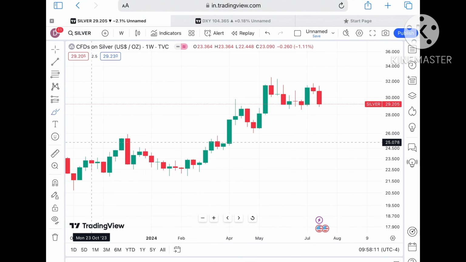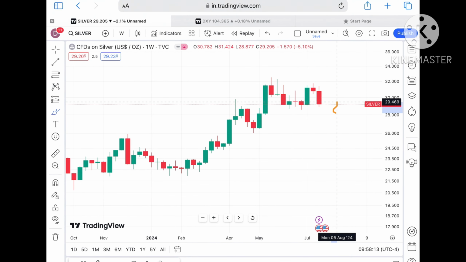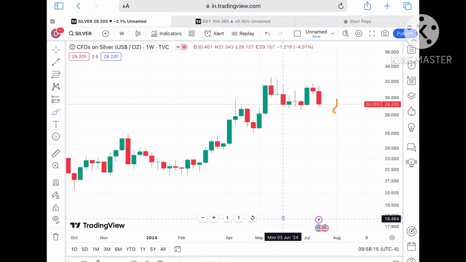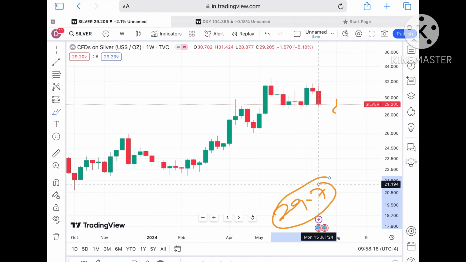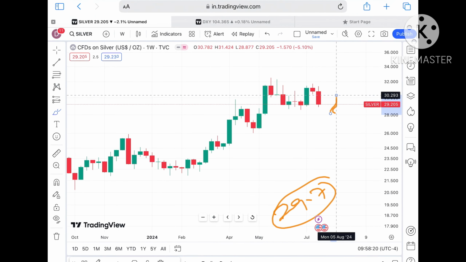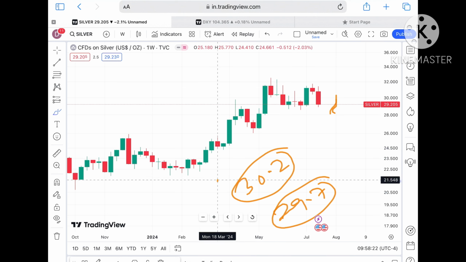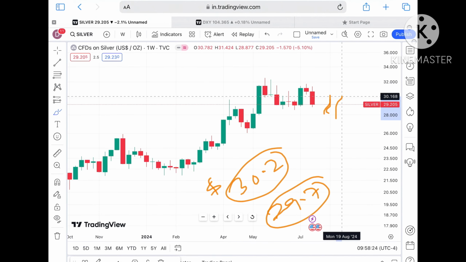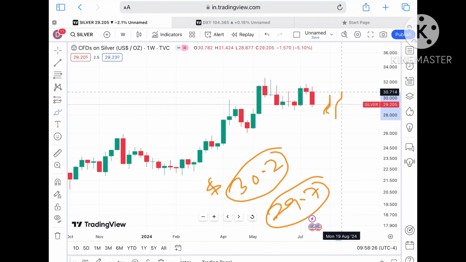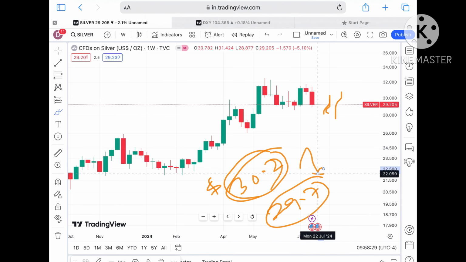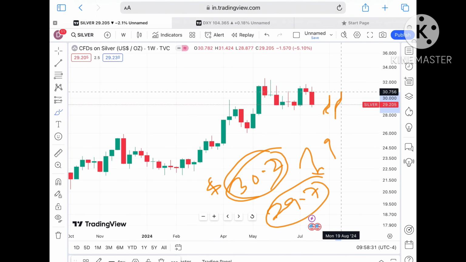But suppose the price sustains, it can go towards its next resistance at a level of 29.7, which is a strong resistance. After that it will go towards $30.2, which is already a tested resistance. It is a strong resistance, so we can see a bounce back, or if that sustains, a further upside.